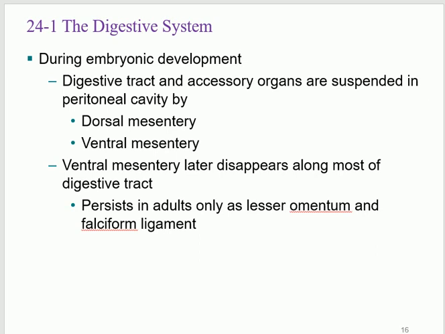Ligamentum venosum. We have something similar here. Everything that used to work in the fetus is doing a specific job temporarily. Once we're born, we don't need it anymore. So instead of being something like a duct or a blood vessel, all of these are going to become ligaments. And ligaments have different names, and we will talk about this.